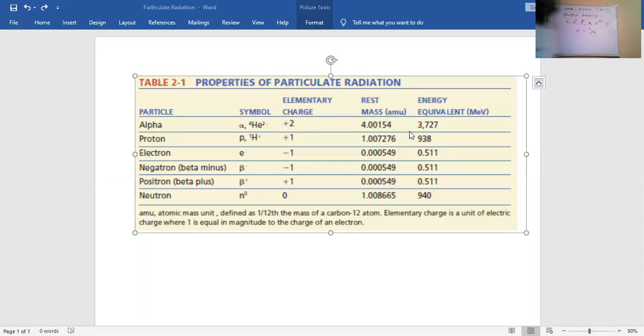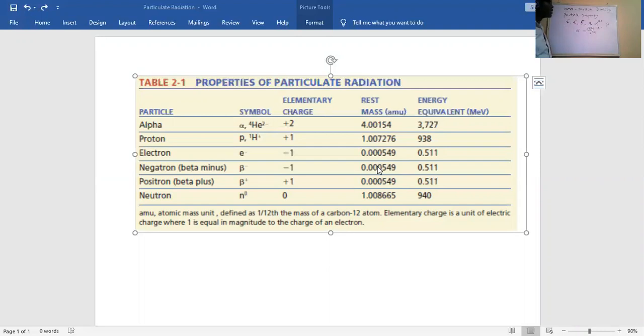The atomic mass unit, the rest mass, is different from the mass number. The mass number A is just a whole number.